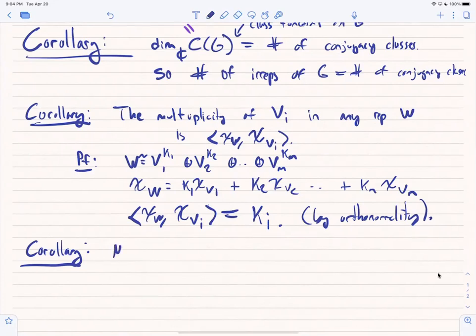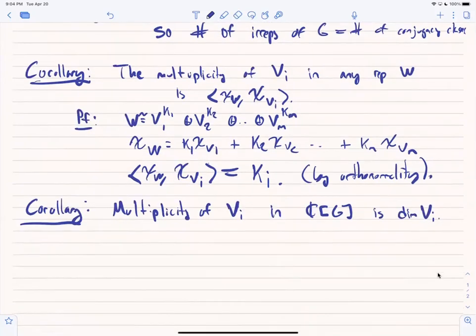The multiplicity of V_i in the regular representation is equal to the dimension of V_i.